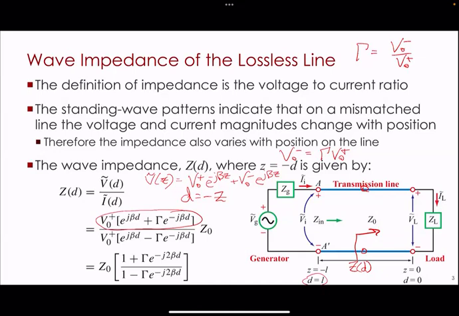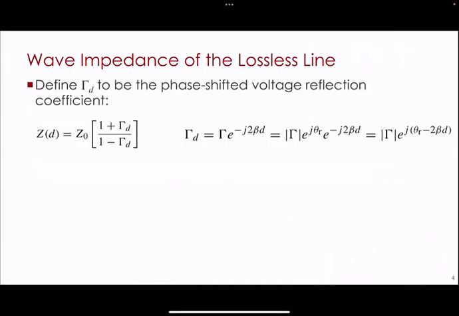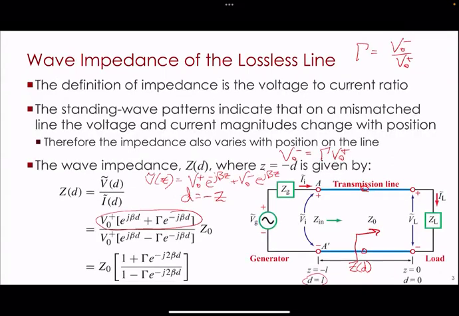Okay, you're probably not going to use that form very much. I'll show you the one that you're actually going to use all the time. Not that you couldn't use that, you could. So what we're going to do next is say, this thing here and this thing here, it's gamma times e to the minus j2 something.